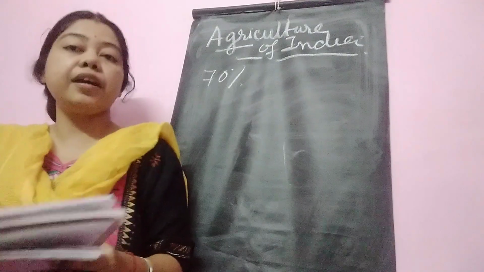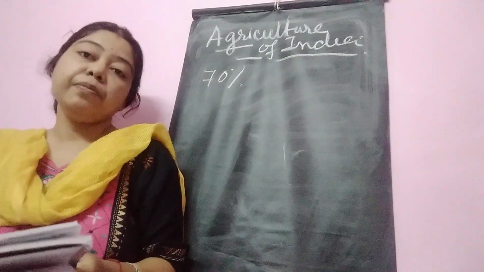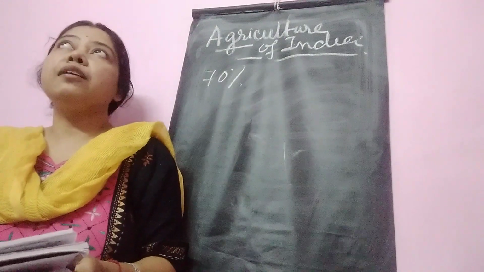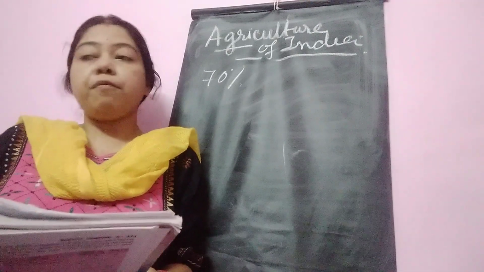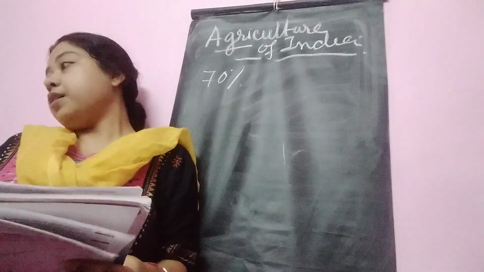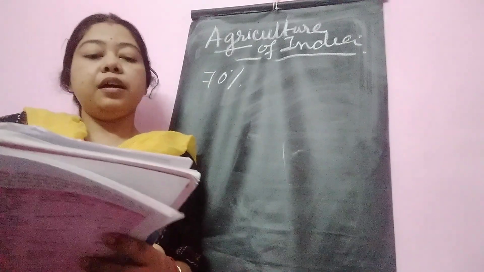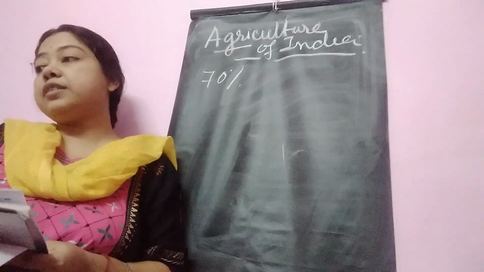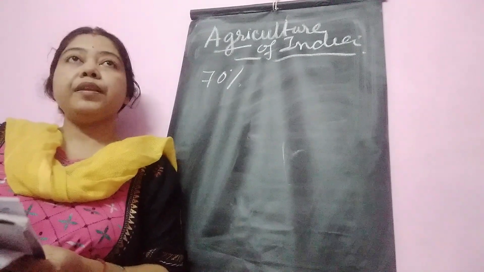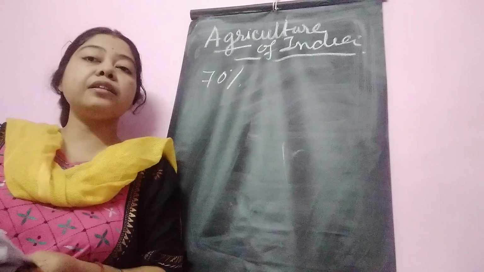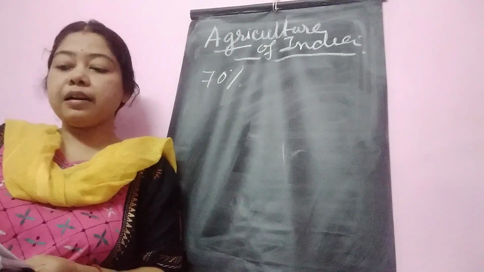High yielding variety of seeds means the seeds from which a huge amount of crop production will develop. Fertilizers mean an additional system to increase the productivity of the soil. Next, pesticides to check pest attacks.